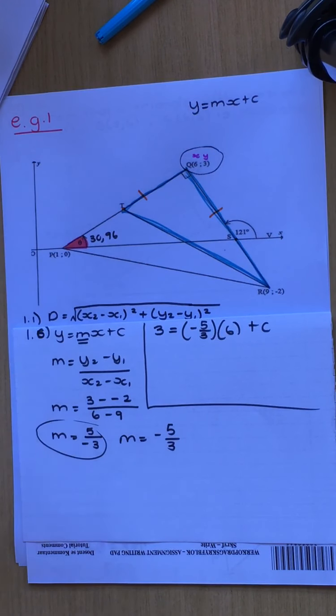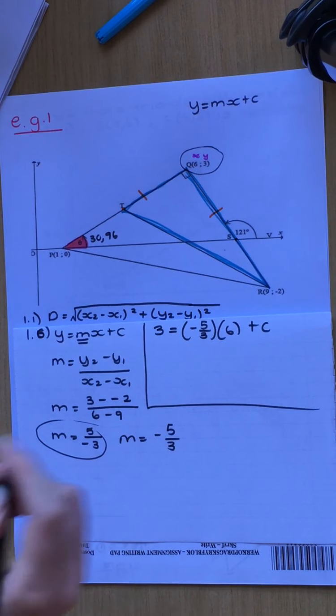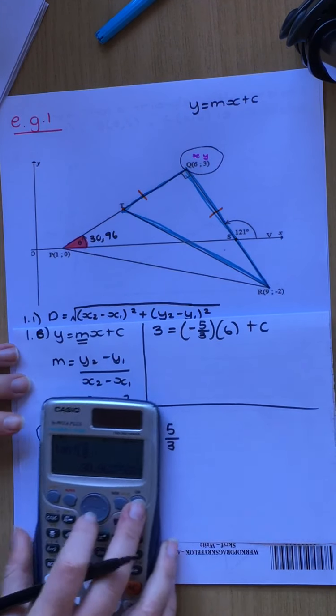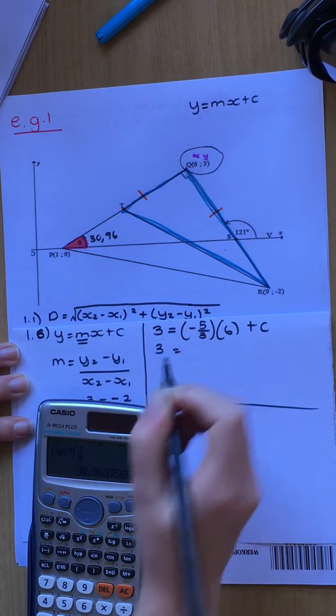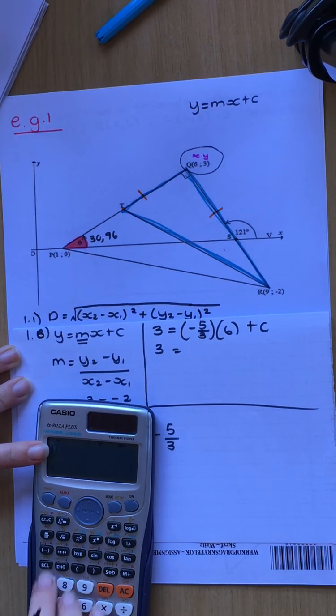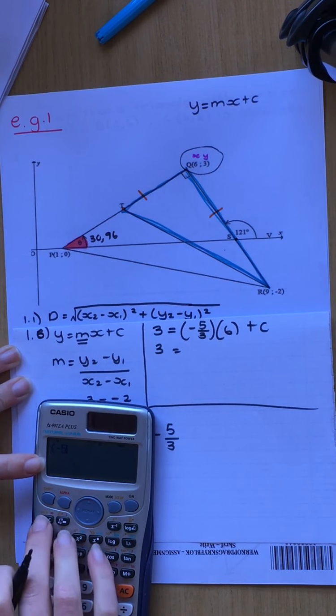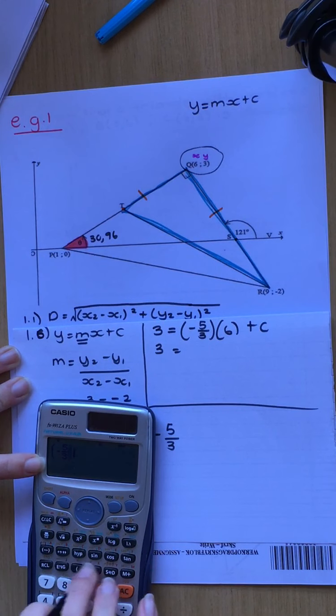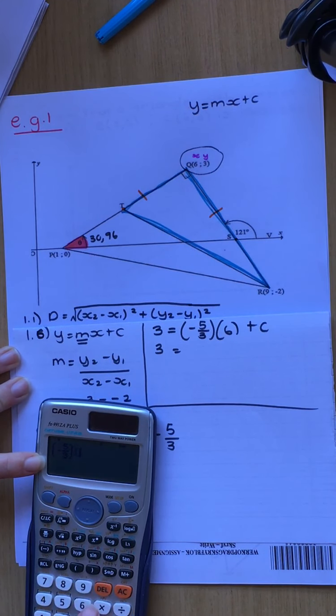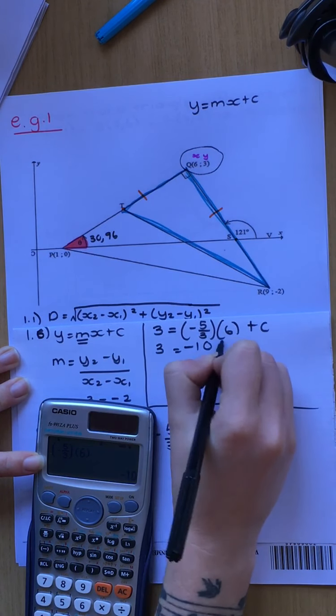Okay, there's actually an easier formula for this. I think I might just send you the easier version, just so that you've got that as well and you can choose which way you like to do it. But yeah, basically let's work that out. So this is going to be 3 equals, so negative 5 over 3 times 6 is going to be minus 10 plus c.